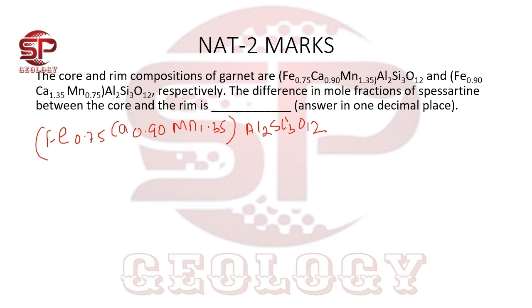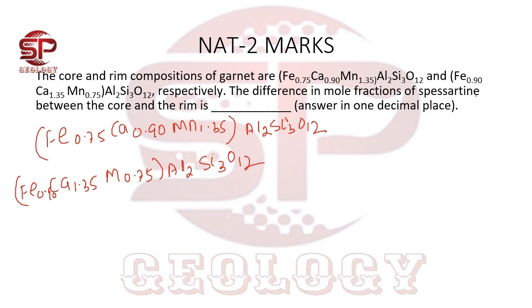This is one core composition, and rim composition is given Ca 1.35, Mn 0.75, and Fe is given 0.90. So here we have to calculate the difference in mole fraction of spessartite.